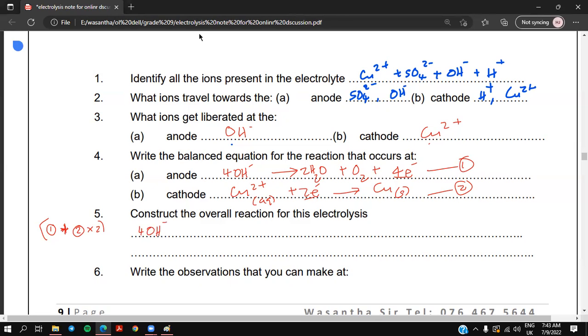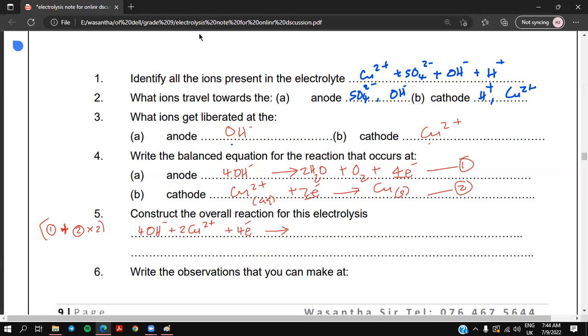That's the only reactant from reaction 1. Now reaction 2, we have Cu2+. When you multiply by 2, you get 2Cu2+ and there are 4 electrons. Those are the only reactants in reactions 1 and 2.